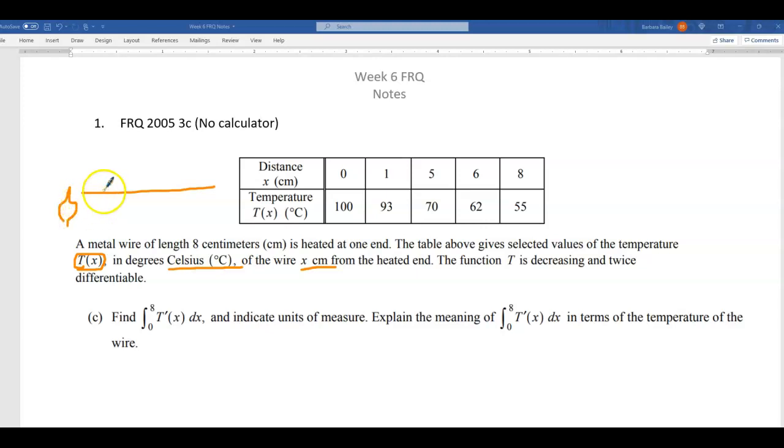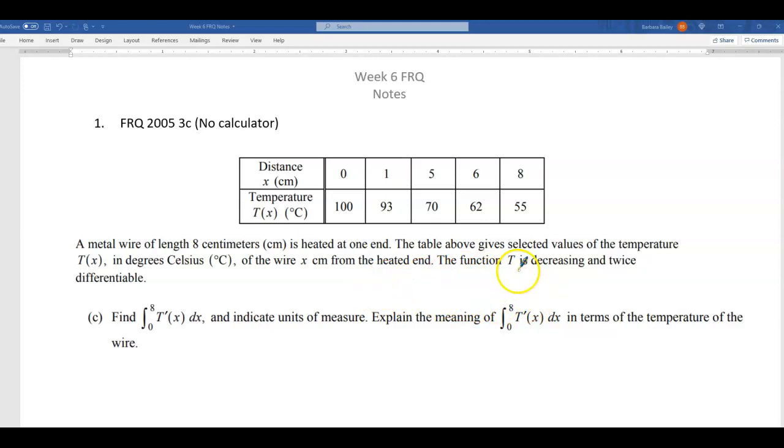That's my fire there. It's going to be really hot here, and as you get farther away, it's going to get colder and colder. So that's the idea there. So at a distance of 0 centimeters away from the flame, it's going to be the hottest, 100 degrees Celsius, and at 1 centimeter, it's dropped down 7 degrees, and by the time you get out here to 8 centimeters, it's 55 degrees. So that's the table we're looking at.